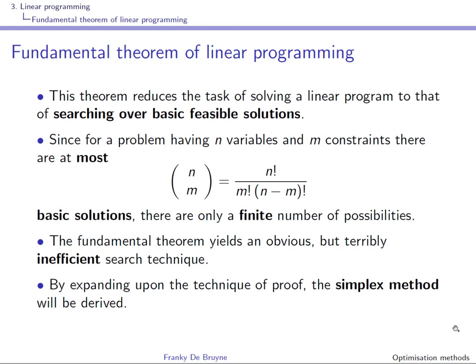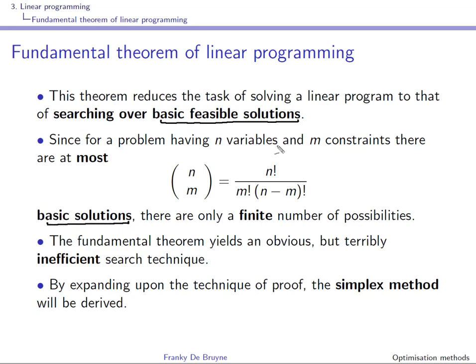The fundamental theorem of linear programming tells us that it is possible to find an optimal solution by searching over all basic feasible solutions. It's difficult to compute the number of basic feasible solutions because of the non-negativity, but what we can do is get an idea of how many basic solutions are possible.